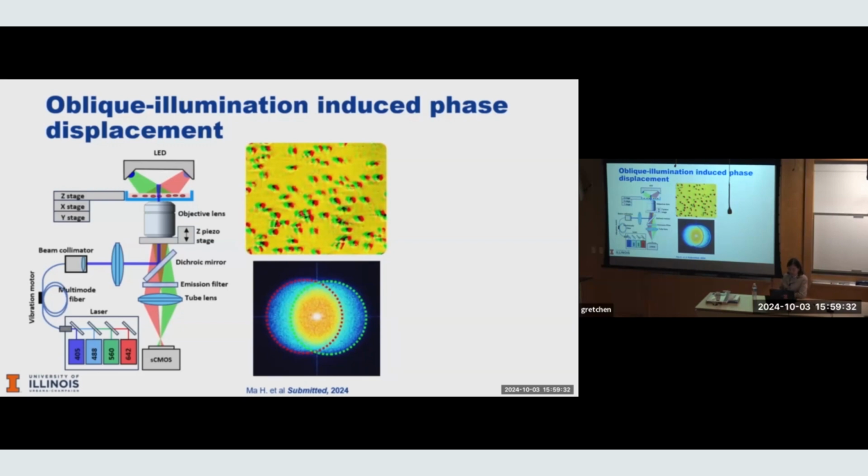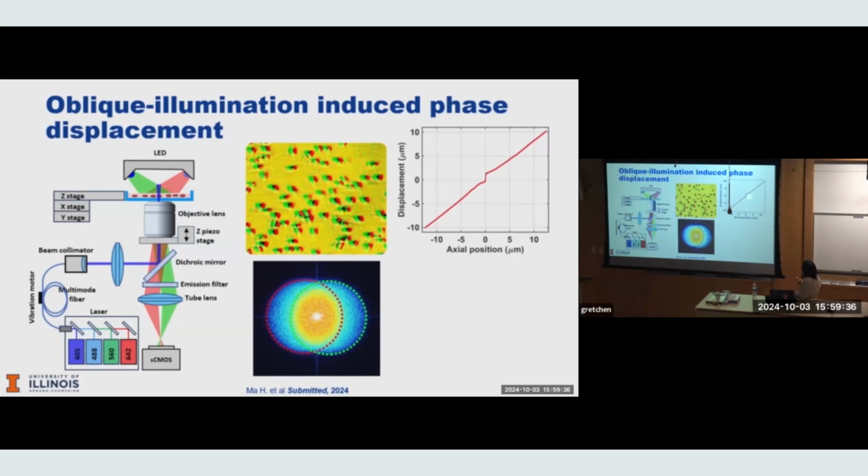When we tried this in the super resolution system, it turned out to be a really nice linear dependence, with a little bit of deviation right around the focal plane, which we suspect is because of some imperfect alignment. But overall, it's a nice dependence over a large range of the focus.